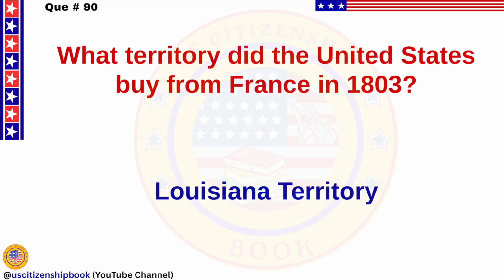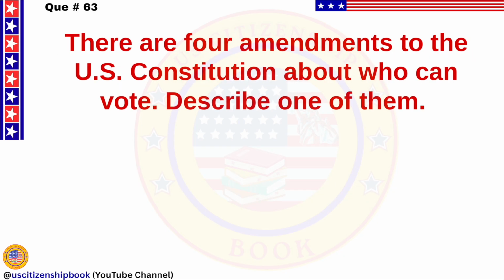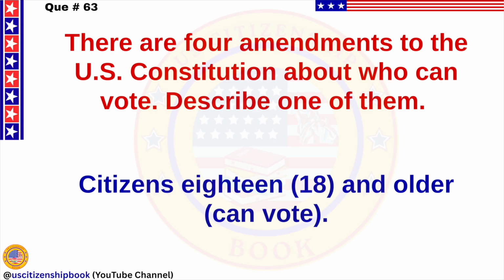Louisiana Territory. There are 4 amendments to the U.S. Constitution about who can vote. Describe one of them. Citizens 18 and older can vote.